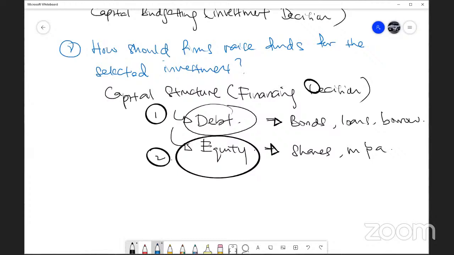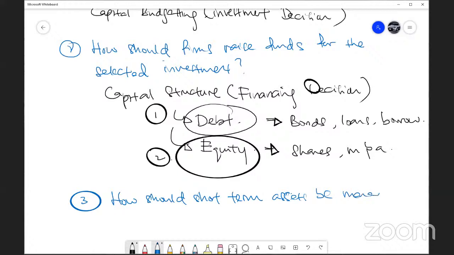Okay, so lastly, the last common question that is asked is, how should short-term assets be managed and financed?